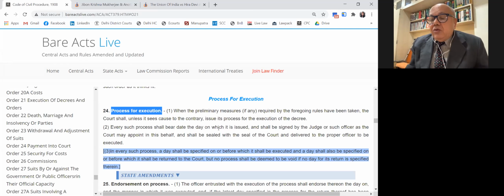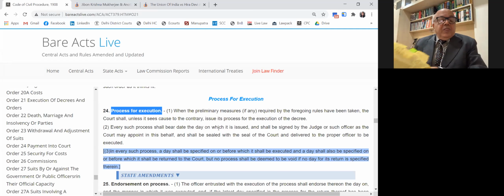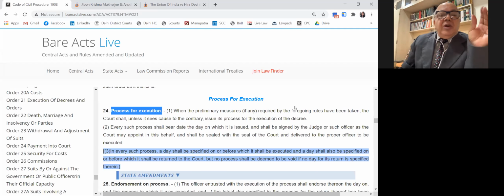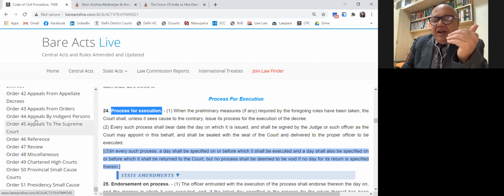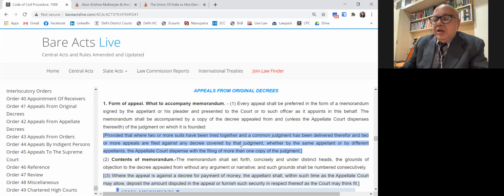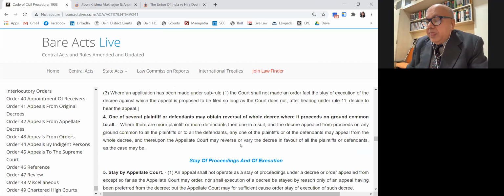Now, stay of execution is an important topic which you asked me. Now take down. Number one, after passing of the decree, which court can grant a stay order? Number one, the first provision is under Order 41 Rule 5 sub-clause 2. Mansi, please take it under Order 41 Rule 5 sub-clause 2.